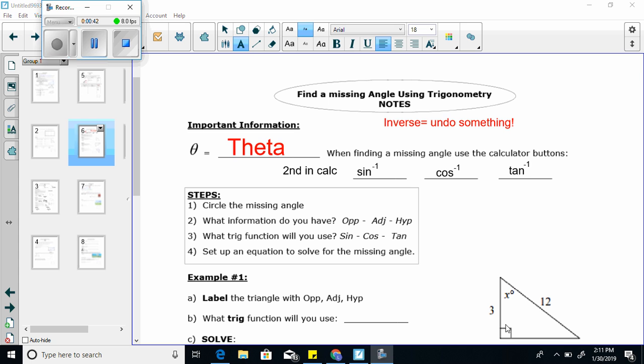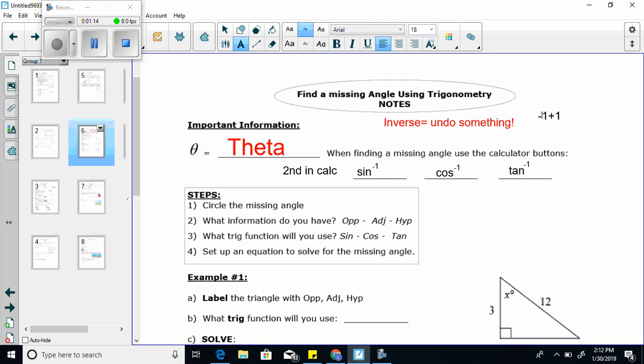So, first things first, one of the biggest parts of this lesson is understanding what an inverse is. Remember, we use inverses to undo something. For example, if you want to undo -1, you're going to add 1 to get 0.